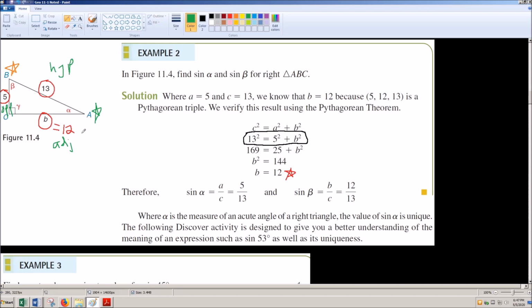So here, sine being opposite over hypotenuse is going to be 5 over 13. For the next one, we're doing beta. So here I want to label my hypotenuse, opposite, and adjacent. So here I'm going to do 12 over 13. That's my sine of beta value.